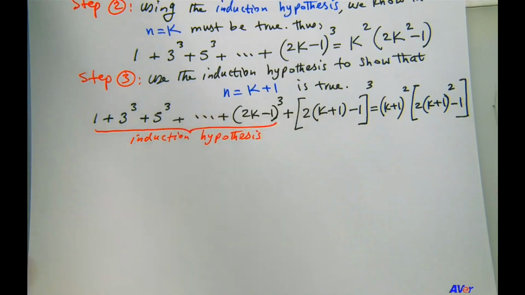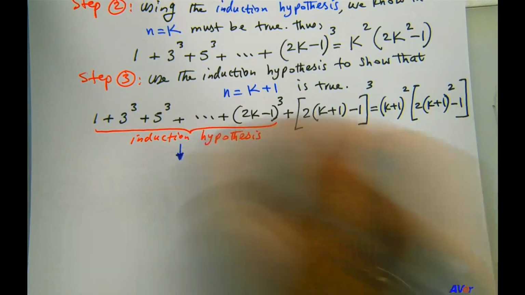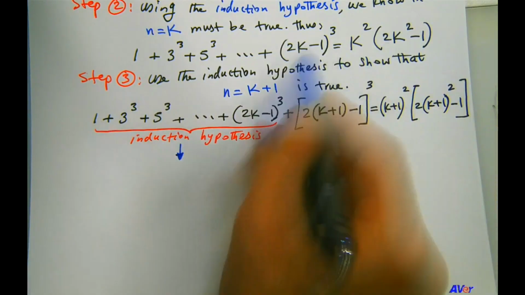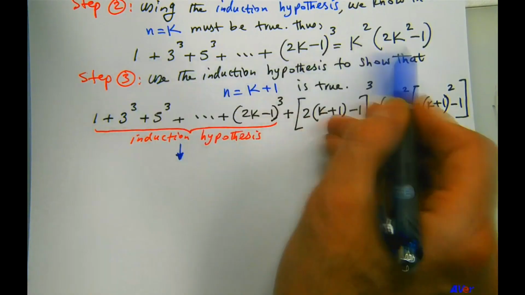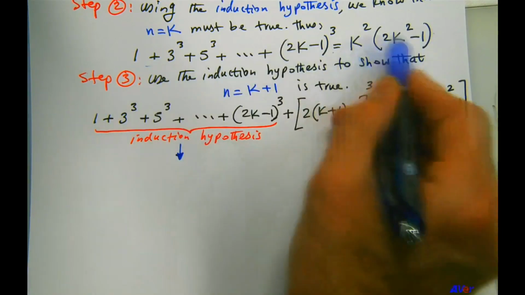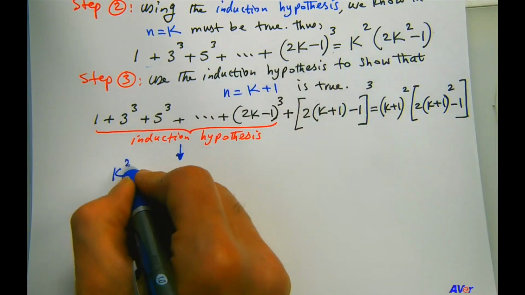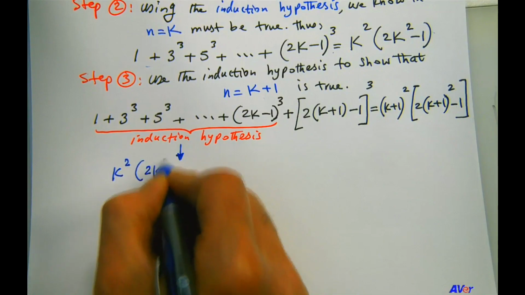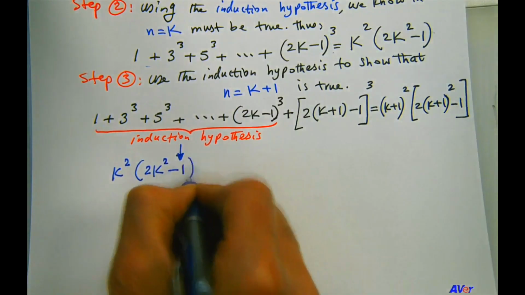Let's replace all of that with what it's equal to. You see that? So I'm going to replace all of this with just that. We have k squared times 2k squared minus 1.